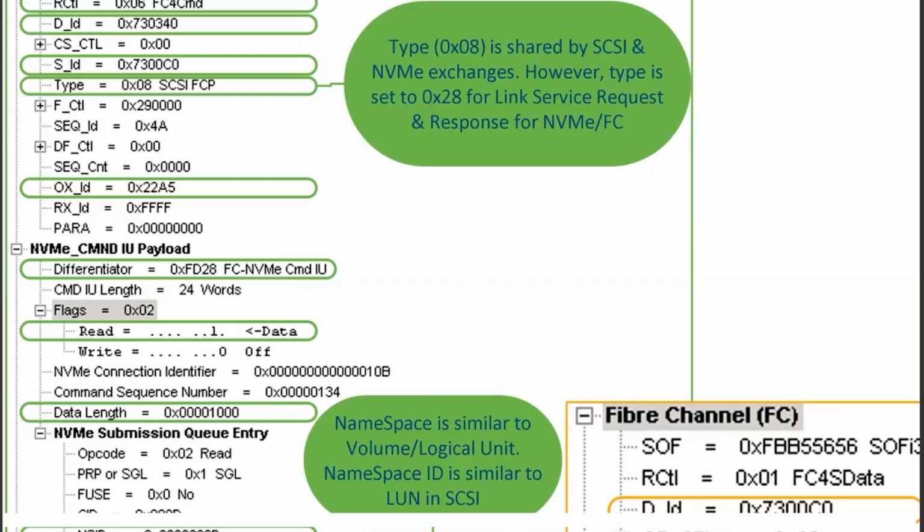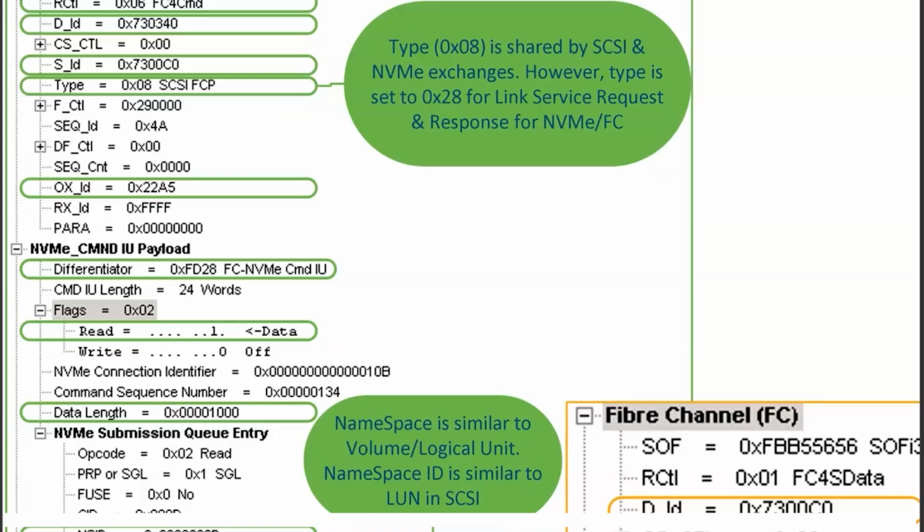Okay, now this is a data frame. That's why you see that value the same. However, when there is control traffic flowing, something called link service requests and responses, that is when we use a hex value of 28, and that's what indicates NVMe. It's actually an FC4 type concept when the devices log in to the fabric.